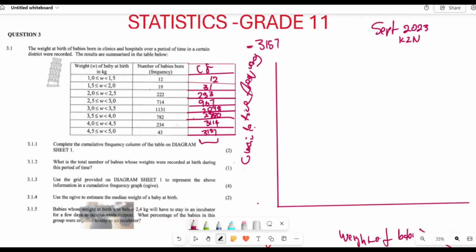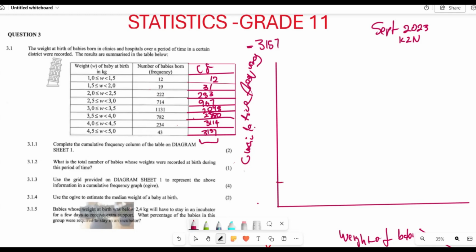Now from here, where is this going to start? For example, I can use a scale of 500, because here you are ending at this one.